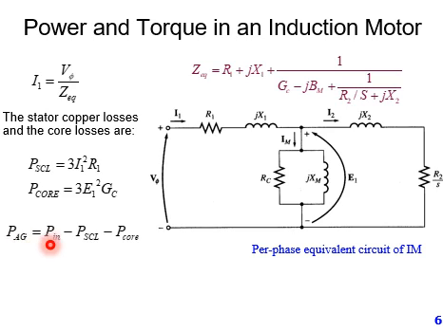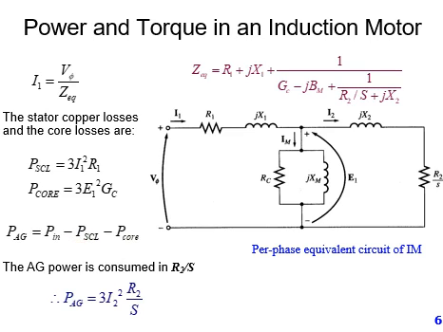PAG is equal to the input power minus the two losses. So the air gap power is consumed in R2 over S, as can be seen from this equation.